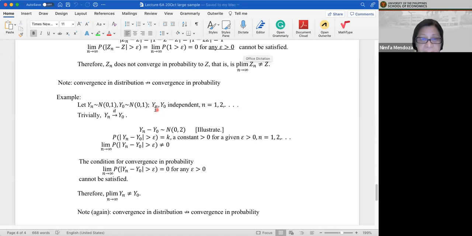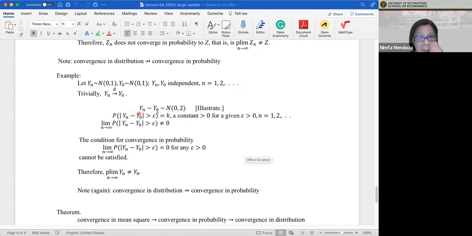Furthermore, let's assume that Y sub n and Y sub 0 are independent for all possible values of n. So trivially, we can see that Y sub n converges in distribution to Y sub 0. So the CDF converges to the CDF of Y sub 0. The standard normal distribution converges to itself, right? They're just identical.